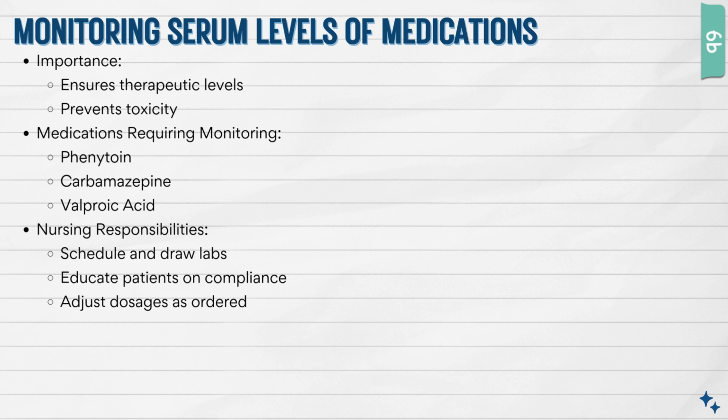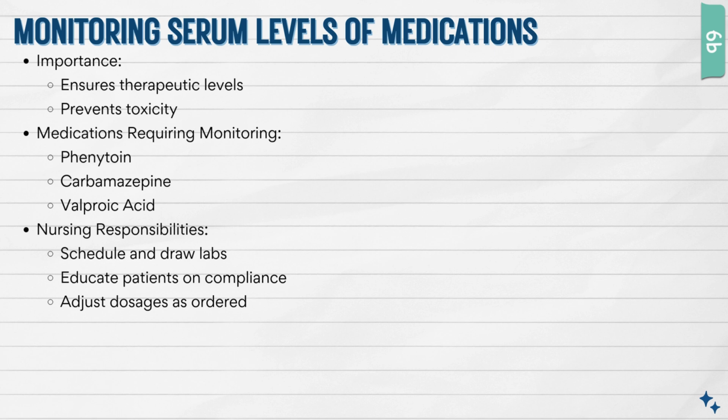Okay, as nurses, you're responsible for scheduling and obtaining those lab draws, especially in the outpatient setting. Make sure that you're on time. If you're in the hospital setting, they're going to have lab draws at a certain time. You want to make sure that you and or lab is getting those pulled at the right time so they can truly check what the expected levels should be in the body at that time based off of the time of administration.